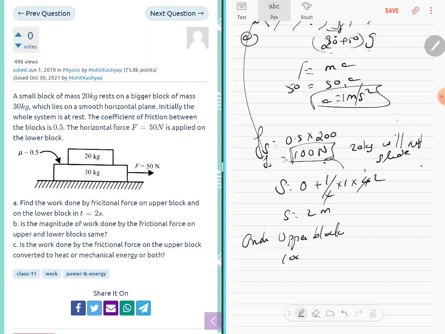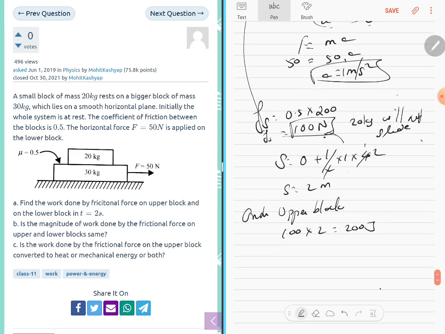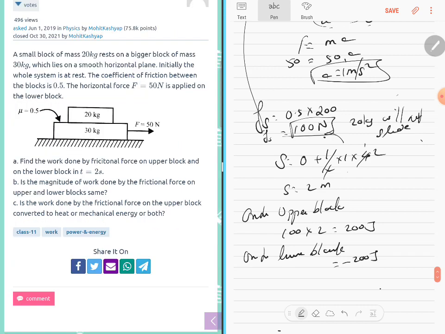That 100 Newton into the distance moved, which will be 2. So 200 joules will be the work done on the upper block by the lower block. And so the work done on the lower block as usual will be minus 200 joules. And let me check if my answer is correct.